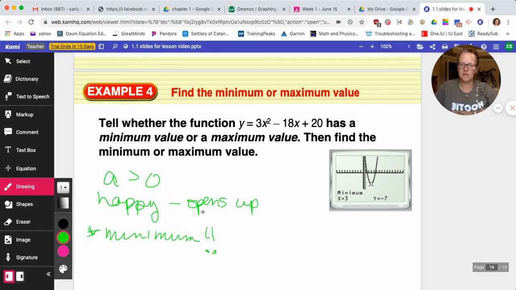Okay, now we have to find the minimum value. All right, I'm going to add another video onto this to show you the graphing calculator, but right now I'm going to go straight to Desmos. And I'm going to type this in, make sure I have it in front of me.